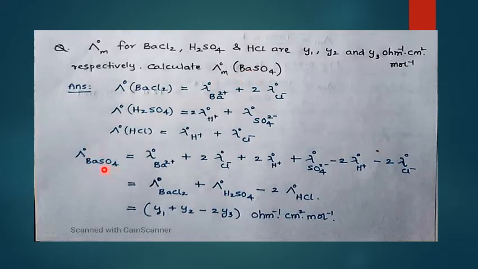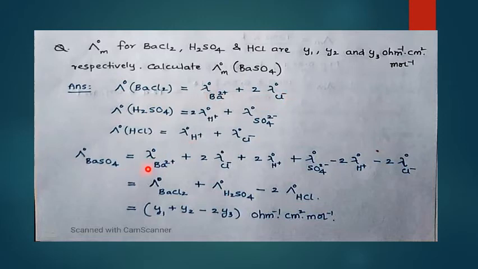So we are going to calculate lambda m naught for BaSO4. Actually what we want is Ba and SO4. So where is the Ba term? Here, in BaCl2. So take this term as it is, Ba2 plus and 2Cl minus.